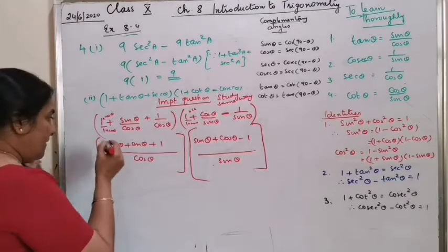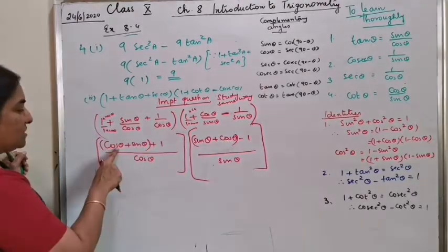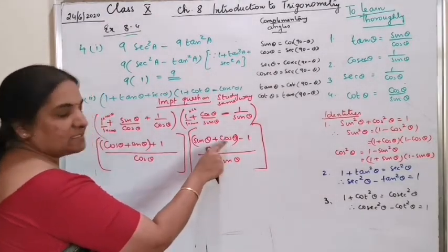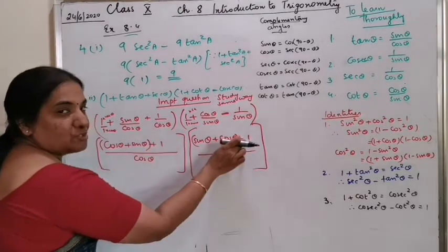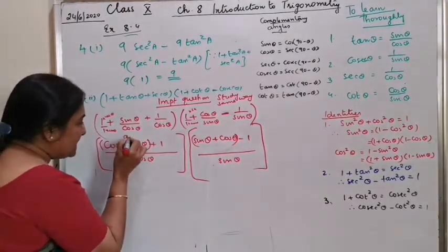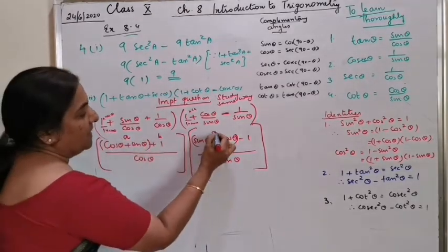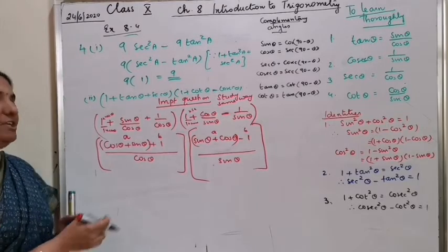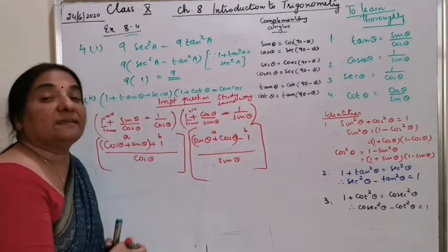But when you look at the terms here, cos theta plus sin theta, and here also the same term as sin theta plus cos theta, as addition is commutative, plus 1 and minus 1. You can call these A and B. It is A plus B into A minus B, which shows that you can apply the identity of A plus B into A minus B, which will make the work easier.